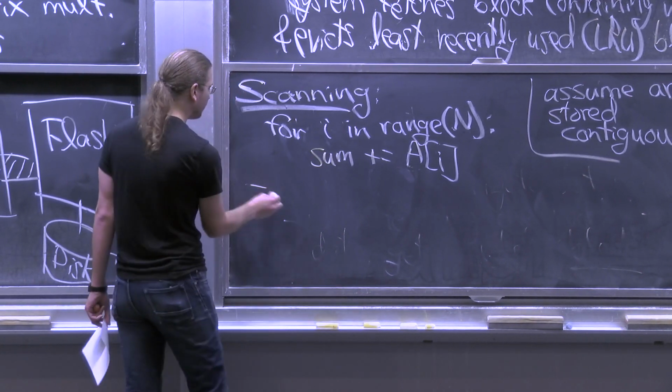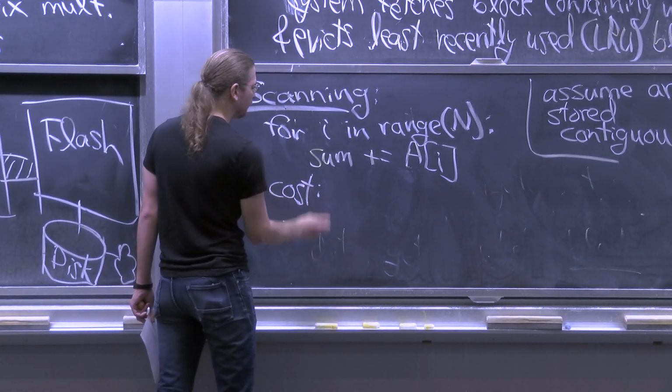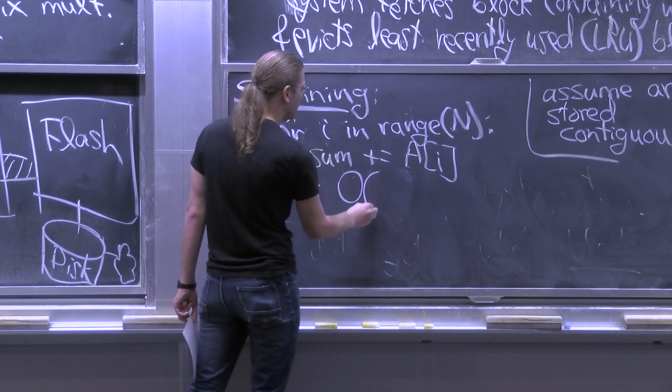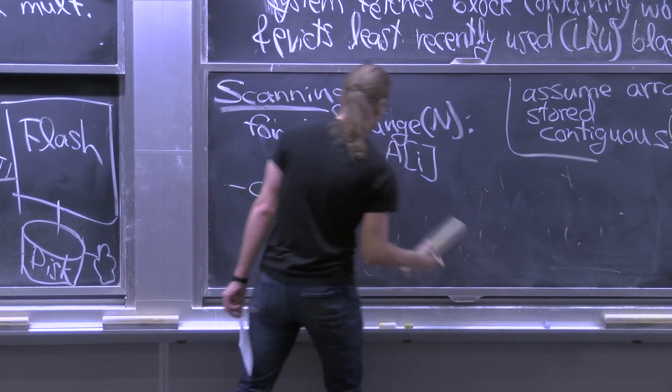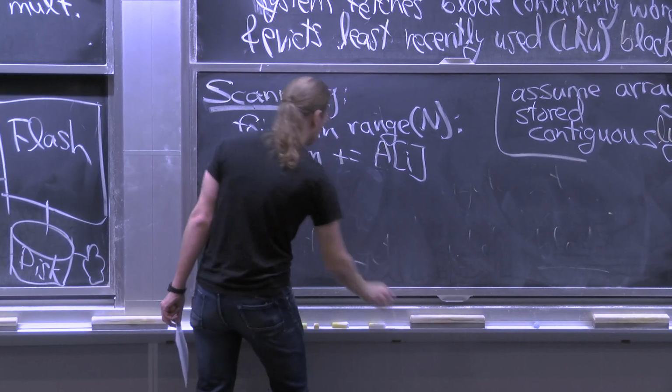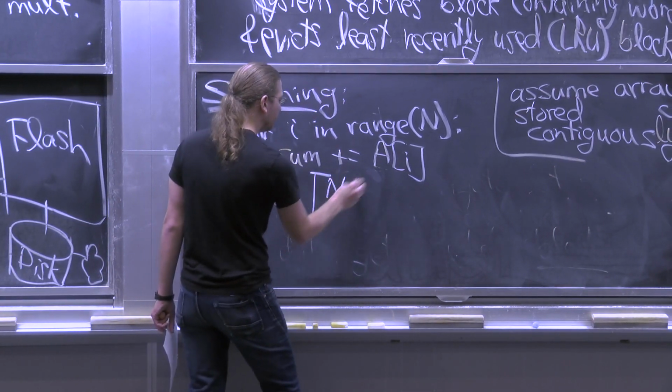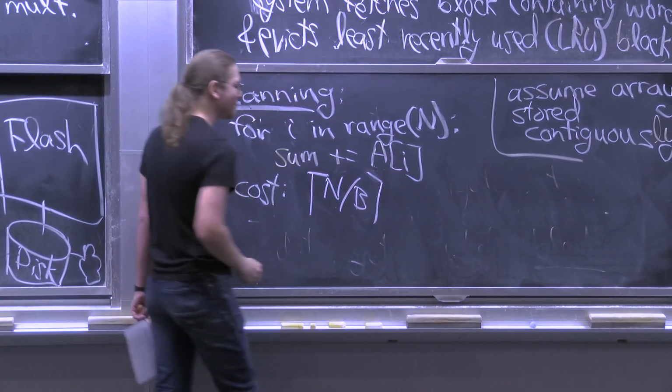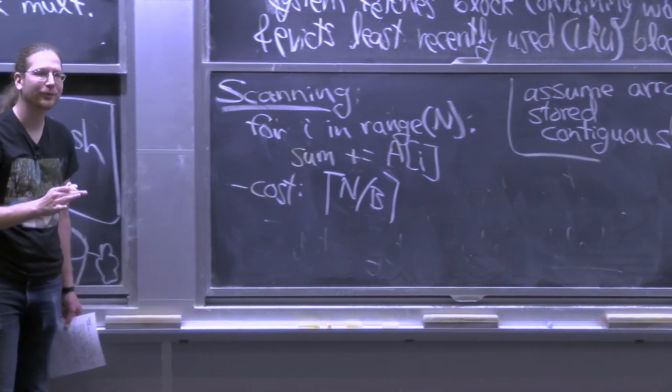So the cost is going to be, actually, let me be a little more precise, ceiling of n over B. Almost.